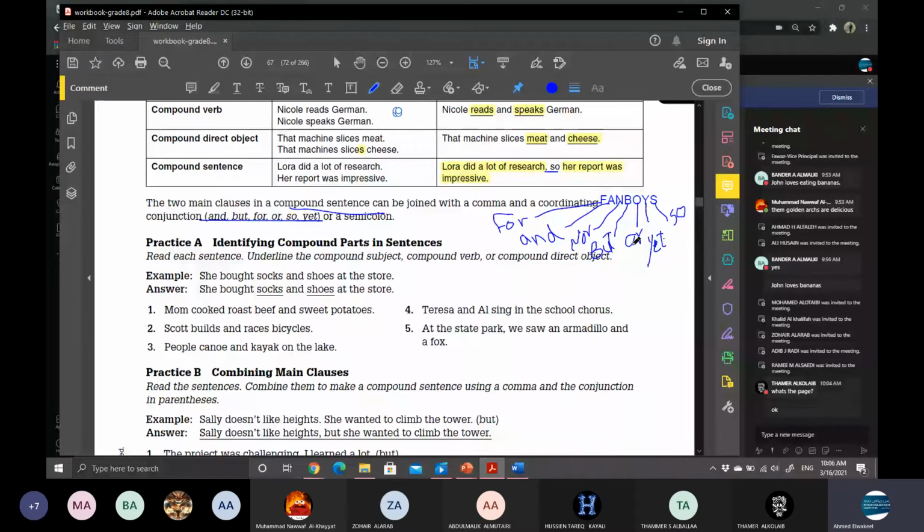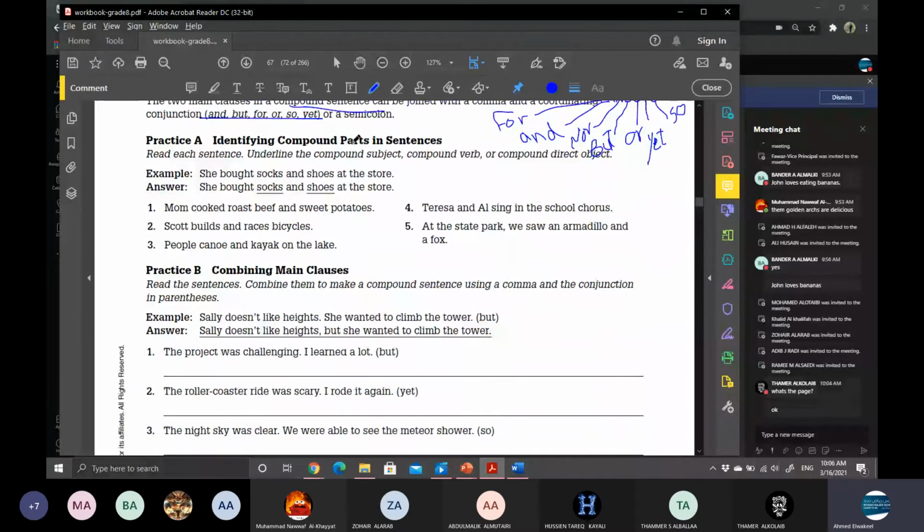Okay, in practice A, we are asked to identify the compound parts in the sentence. So we will have the sentence and we just say which parts are compound.